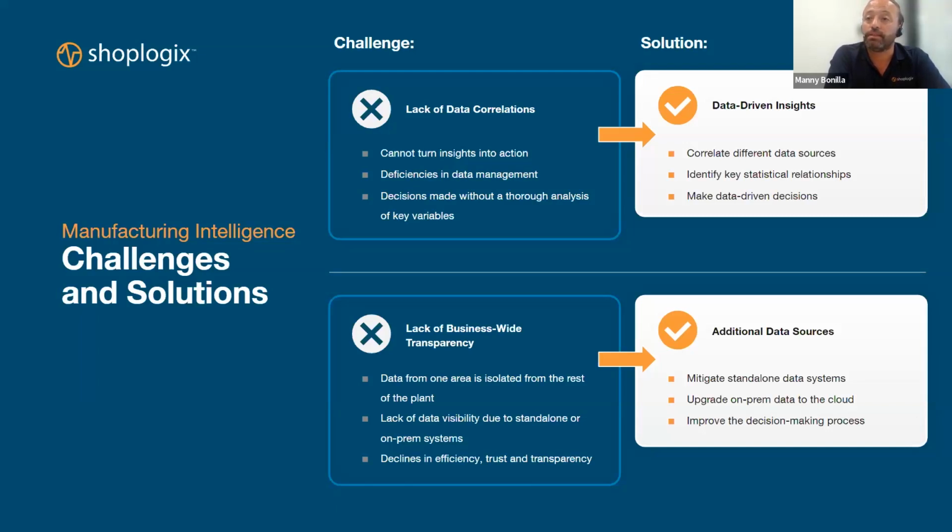Business-wide transparency is also a big challenge for organizations. Installing a system like Shoplogix and our manufacturing intelligence allows you to work on standardization across your organization, with data across your entire operation.